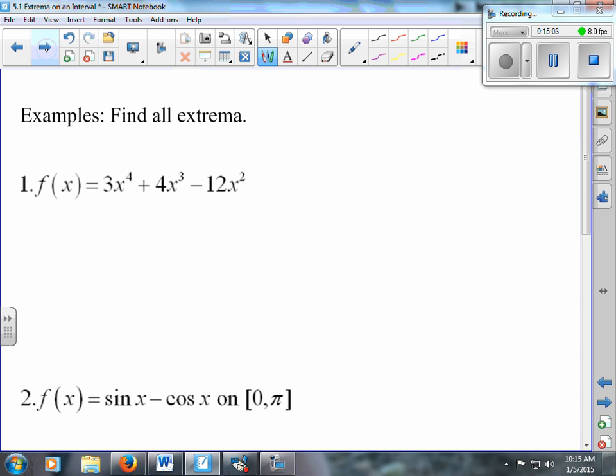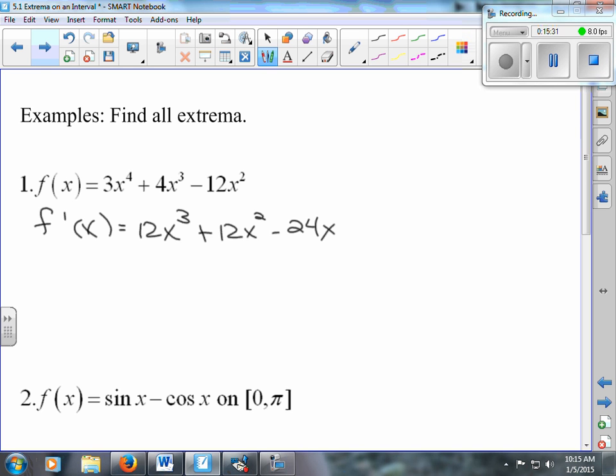So let's do one, okay? So here's a nice, beautiful polynomial. I want you to find the extrema. So step one is to find the critical numbers. To find the critical numbers, you take the derivative. All right, so let's see if you remember how to take the derivative of a polynomial. You're going to take the exponent, multiply it by the coefficient, and then subtract 1. And so this is my first derivative.